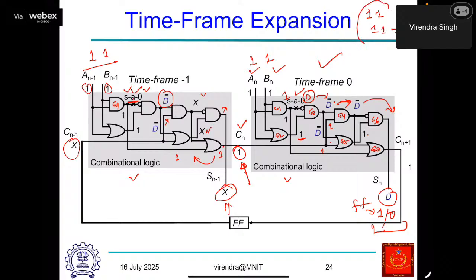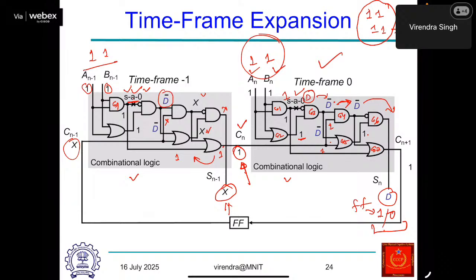So I need a set of two vectors. Now for a set of two vectors, I need to expand combinationally into two circuits. So I replicate twice.